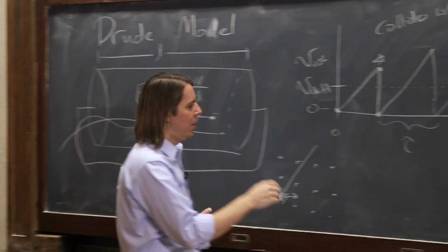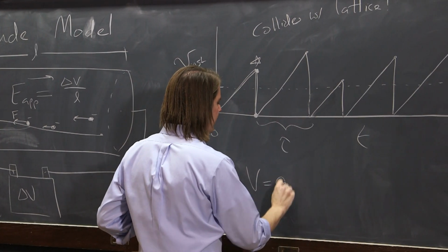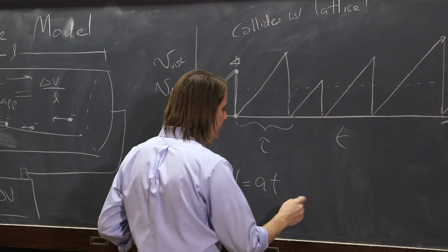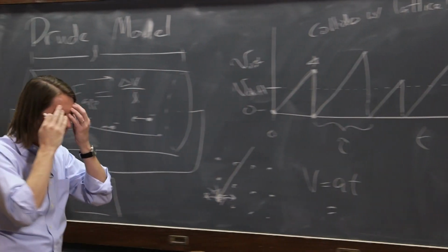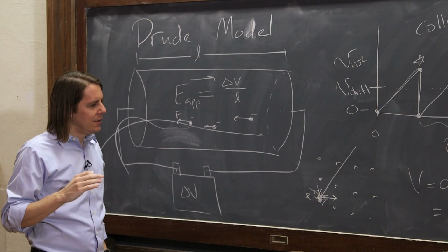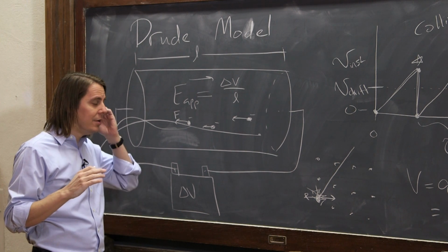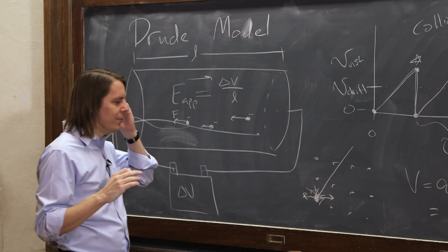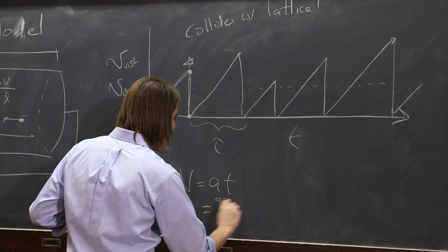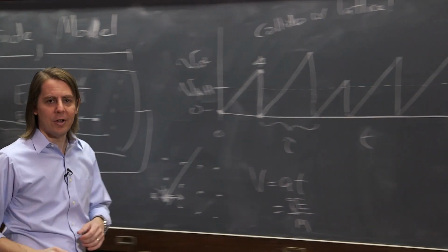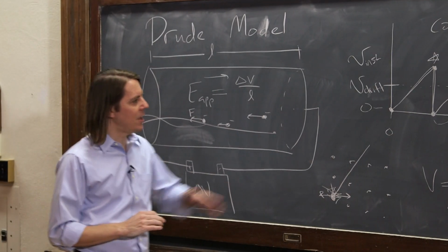Right? So velocity equals acceleration times time. What's the acceleration? It's F equals QE, so the force, QE over m, sorry. QE over m is the acceleration, and time is tau.